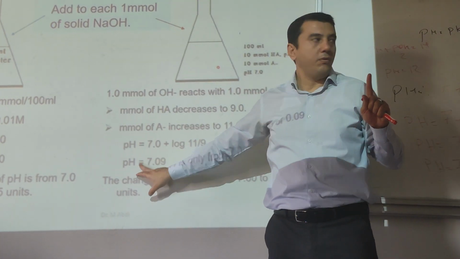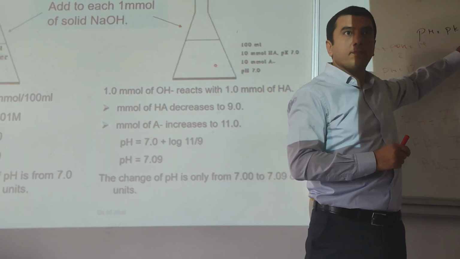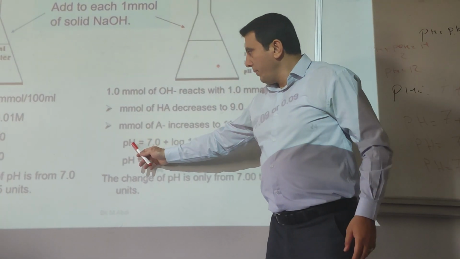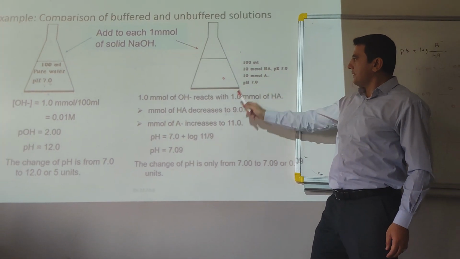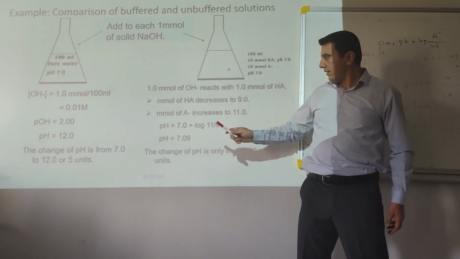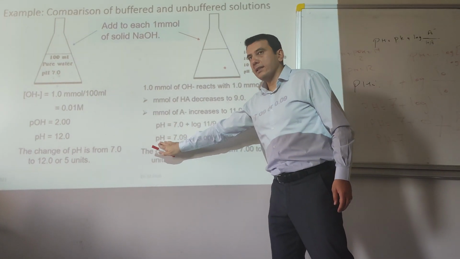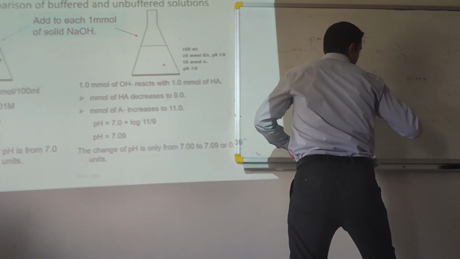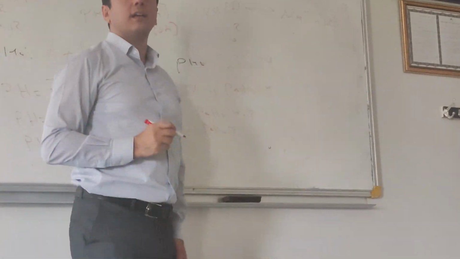So we should use the Henderson-Hasselbalch equation. pH is equal to, we know the pK, 7 plus log of 11 over 9. You can divide this, and the pH is equal to 7.09.